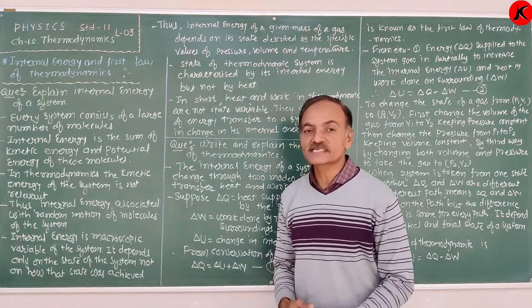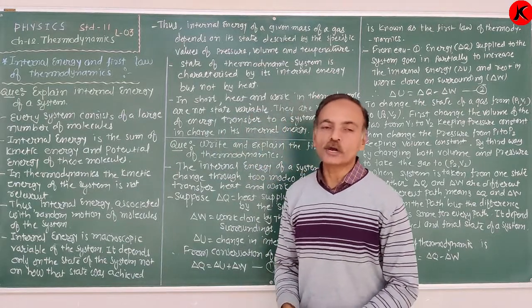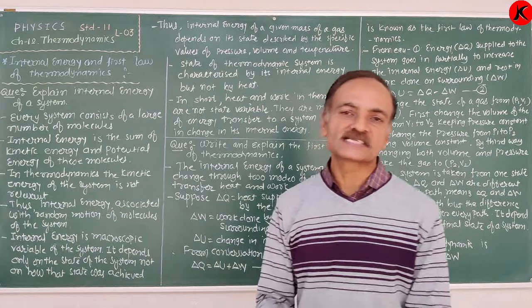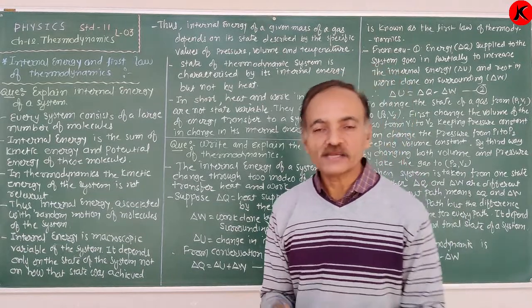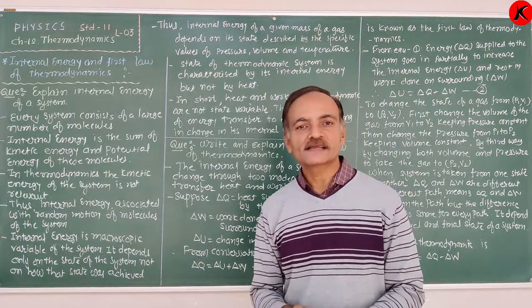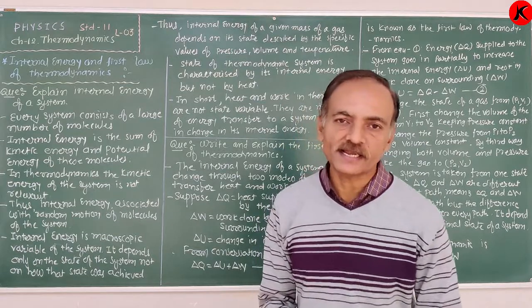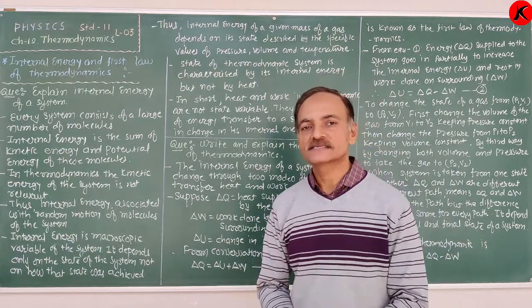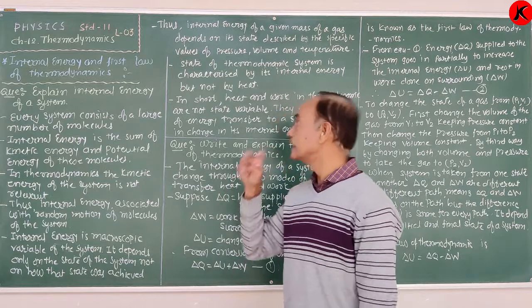It depends only on the state of the system, not on how the state is achieved. In whatever state the system is lying, the internal energy of the system depends on that state.